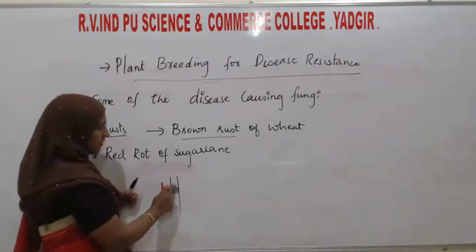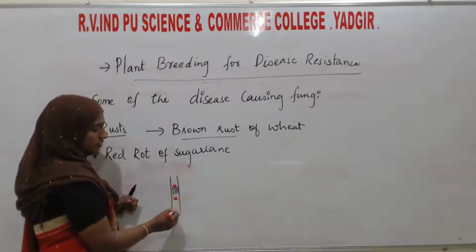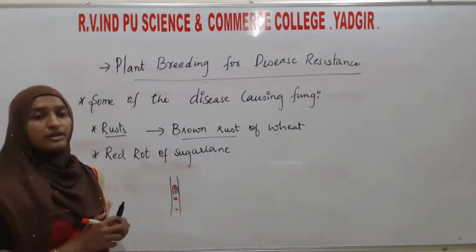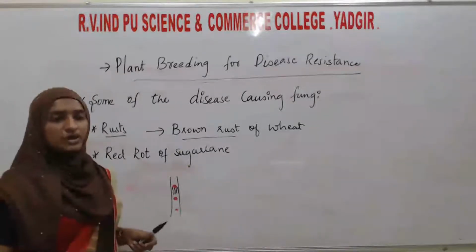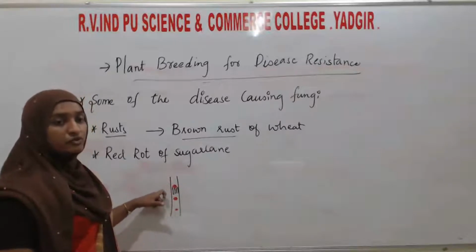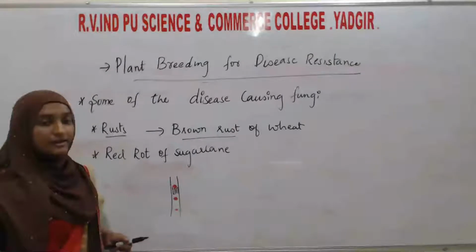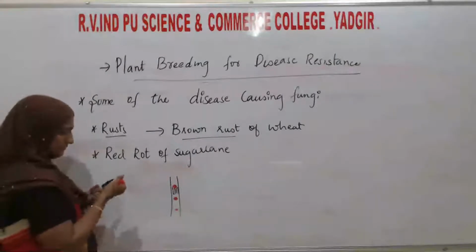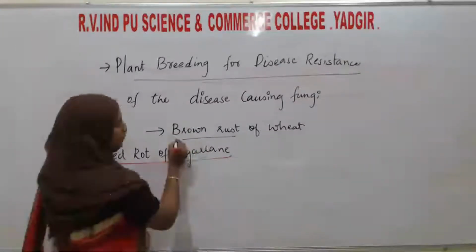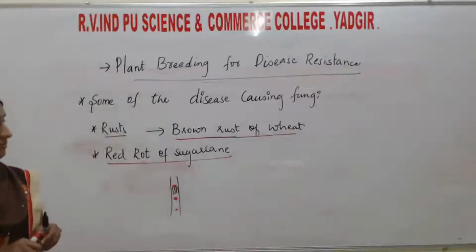That is also a fungus which is surviving in the sugarcane, and it is causing a disease. The name of that disease is the red rot of sugarcane. The disease in wheat is the brown rust of wheat.